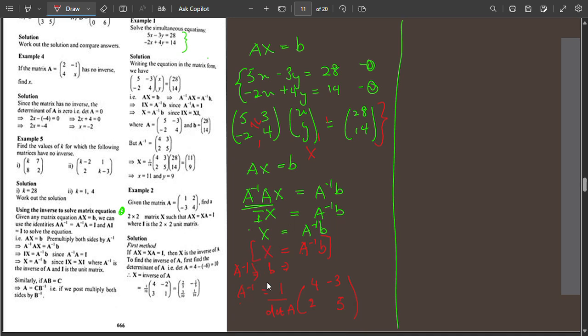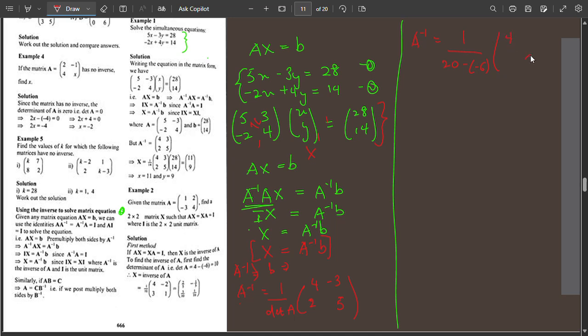Perfect. Let's now substitute the determinant. What's the formula for the determinant? So A inverse is equal to 1 over the determinant, which is given by the product of the forward diagonal minus that of the backward diagonal. The forward diagonal product is 20, minus the backward diagonal product, which is -6.